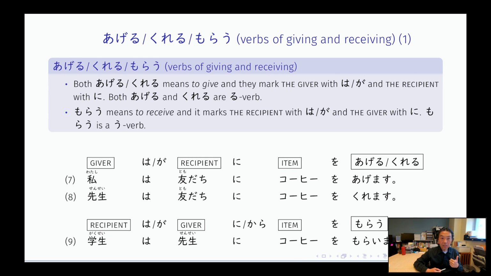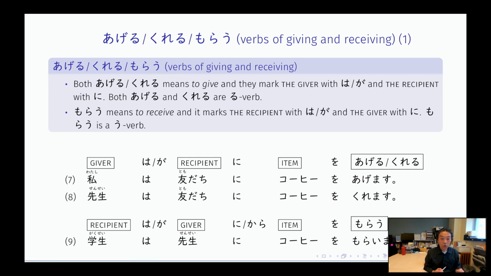You can say exactly the same thing from a different perspective, which is the students received a test from the teacher. So you are talking about exactly the same action, the same transaction, but now you're seeing it in terms of the recipient.